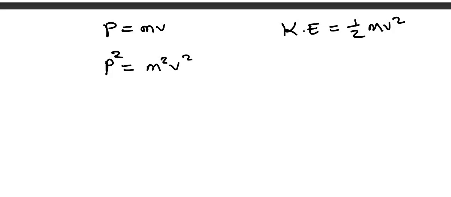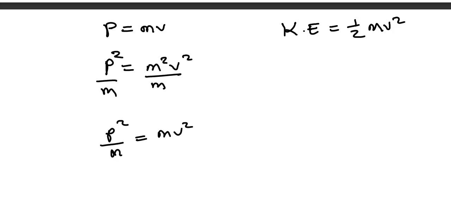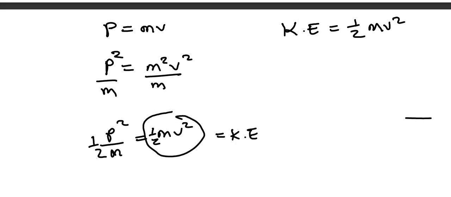Then I divide this side by m, so that I just have p squared over m is equal to mv squared. Then introduce half this side, half the other side. This here is kinetic energy. So we're saying kinetic energy is actually related to momentum. Kinetic energy is the same as momentum squared over 2 times the mass of that particular object.